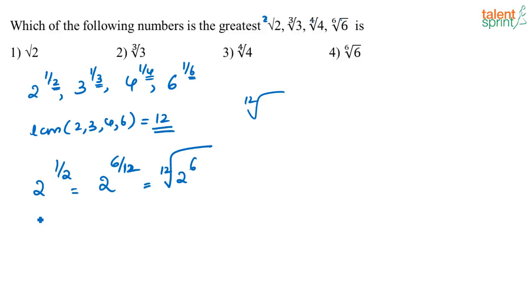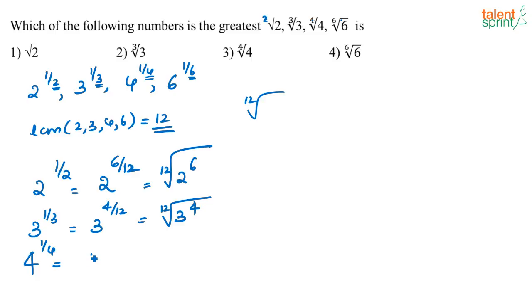Now similarly you have 3 to the power 1 by 3. By making the denominator 12, you can write it as 3 to the power of 4 by 12, which is nothing but the 12th root of 3 to the power 4. Next one, you have 4 to the power 1 by 4.